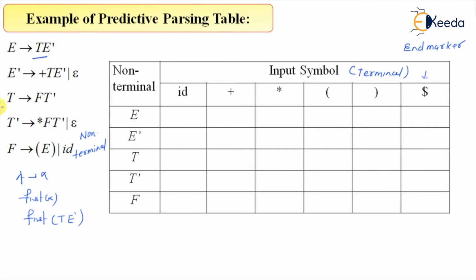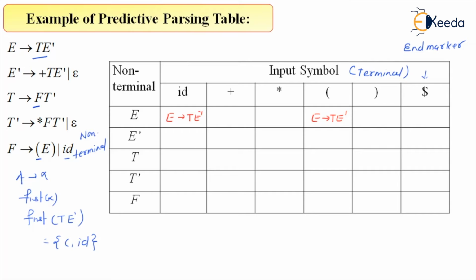First of T is first of F, which is opening bracket and id. So I'll put E derive T E dash under opening bracket and under id.